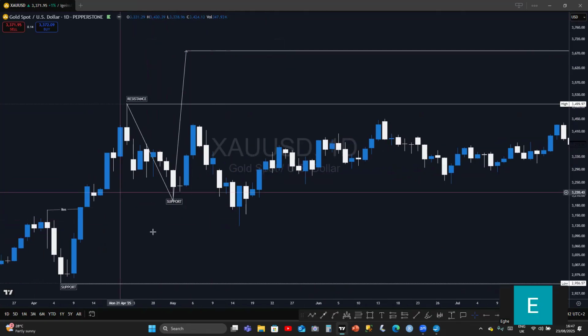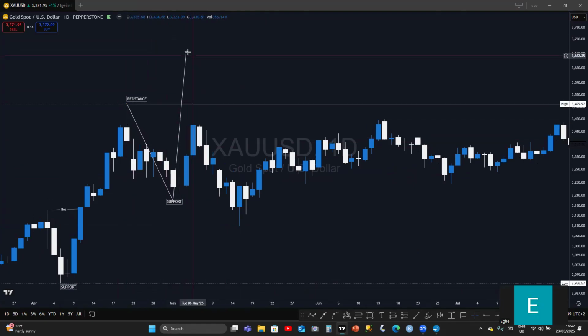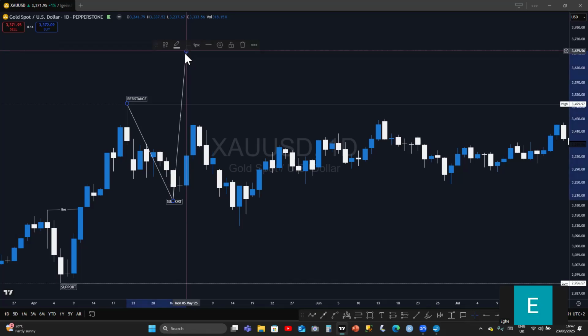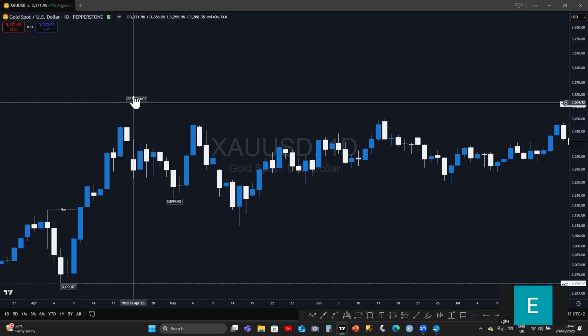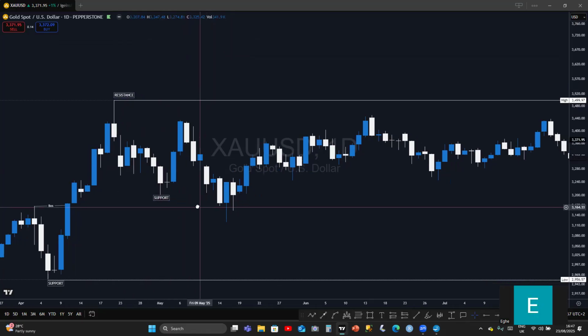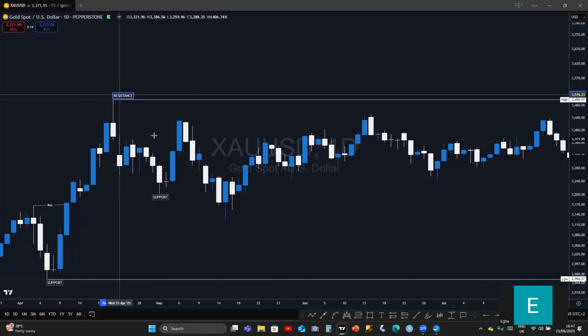So now, when you are doing your top-down analysis and you discover that something like this happened, for example, price was supposed to create another high after this resistance. It pulled back and created a support. Now look at what happened here. Price created this resistance.